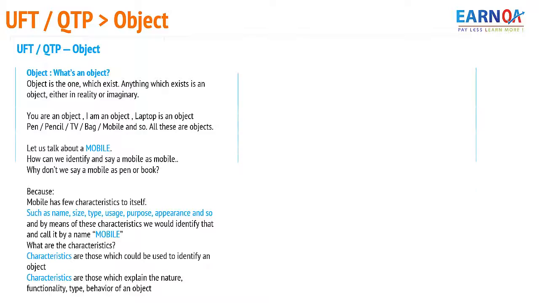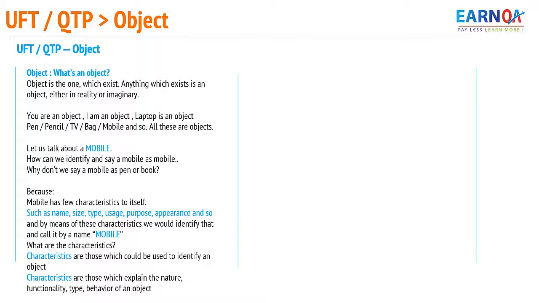Every object is to be identified because objects have characteristics, and those characteristics are known as properties. By means of these properties, objects can be identified.